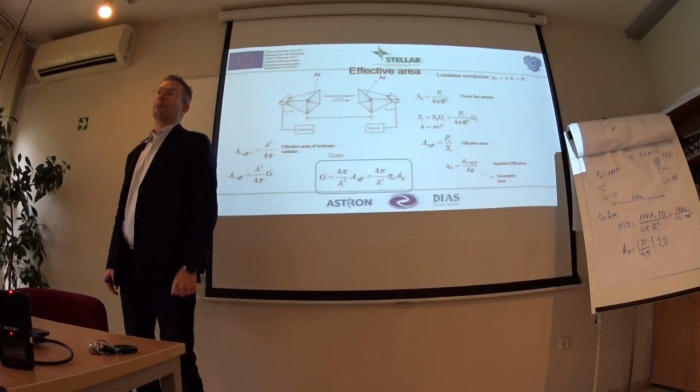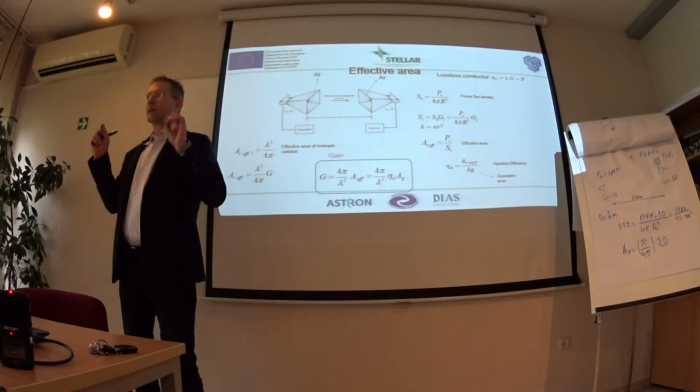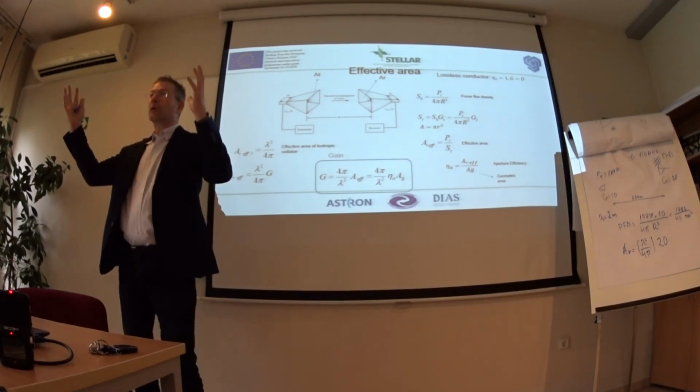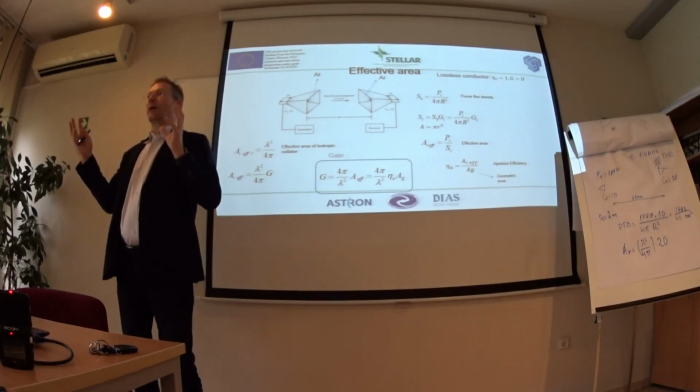Can I ask a question? Absolutely, yes. So the effective area is the place between the transmitter and the receiver? Effective area is a virtual area from which the receive antenna extracts the energy.